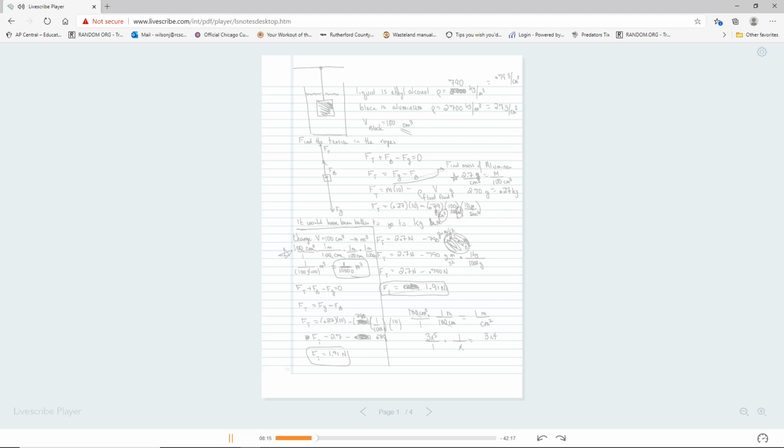What if they'd asked me something and this had been plastic and oil? Could I still, if plastic's density is 70% of oil's density, will it still work the same way? Yes. So it doesn't really matter what the two substances are. We call it specific gravity if one of the substances is water. If it's anything else, you just find the percentages.